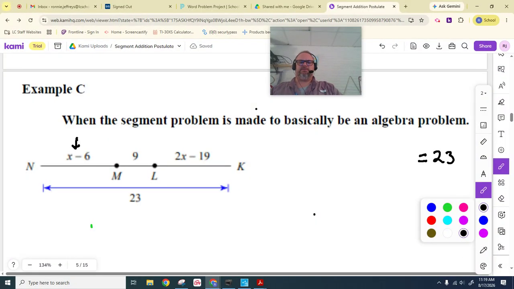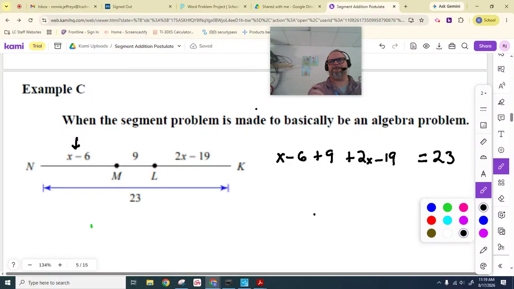This first segment right here is this, and the next segment is this, and the next segment is this. As far as the main takeaway today, I want you to be able to set up these two types of problems, like we have here and like we have next.